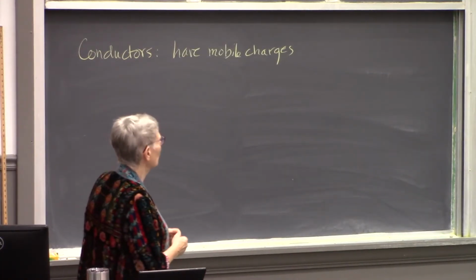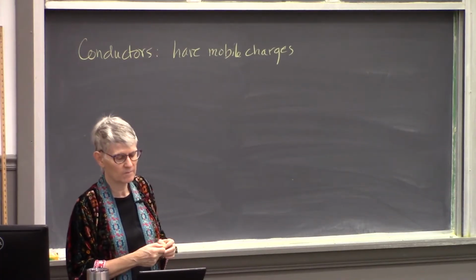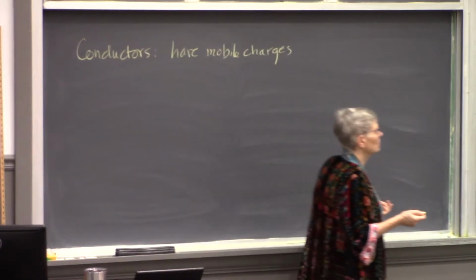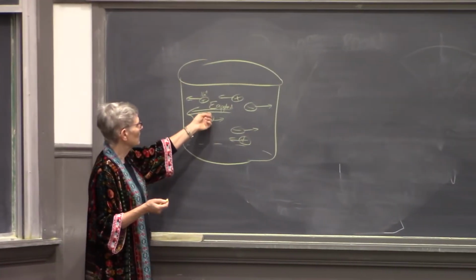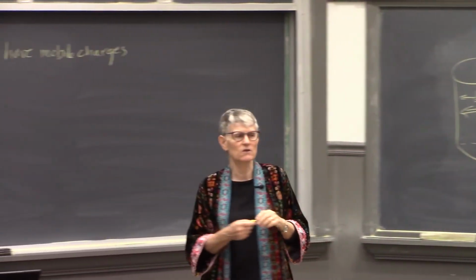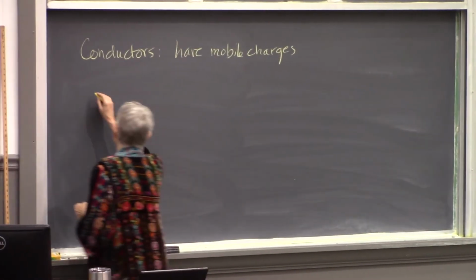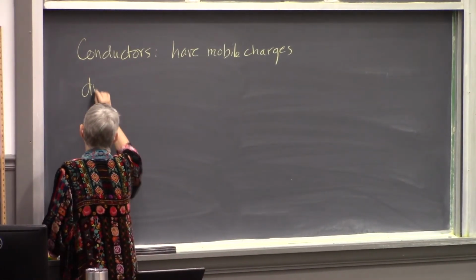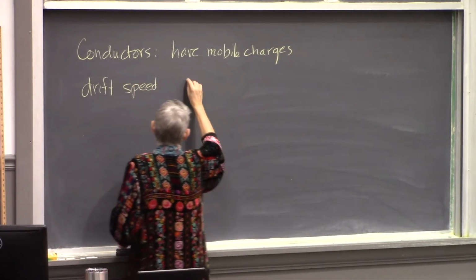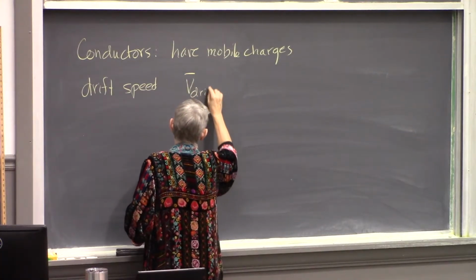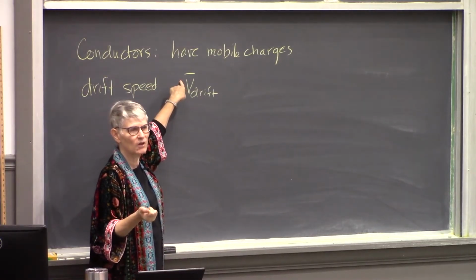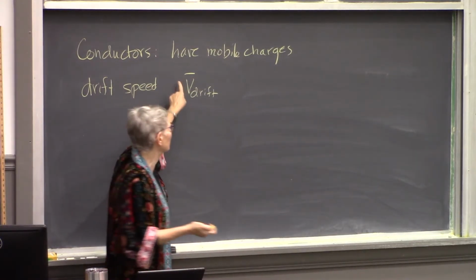Now we can be a little bit quantitative about this. We can talk about the drift speed of a charge that's moving under the influence of an electric field. So the average drift speed, and that is a bar for average, not an arrow for vector. We're talking about a speed here. We're talking about magnitudes.